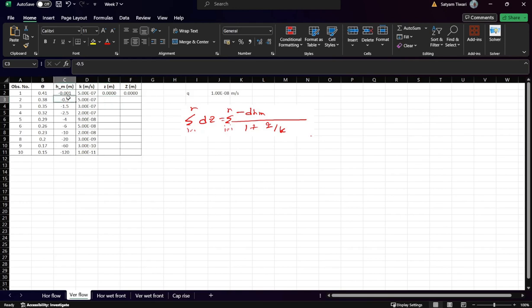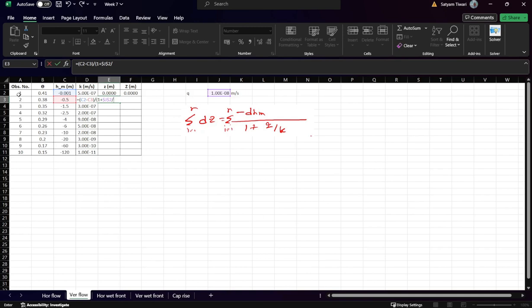That's going to be this value minus this value. So we'll write the formula: the numerator will be this value minus this value. Fine. And the denominator will be 1 plus the value of q, that's going to be here, locked, divided by the value of k.